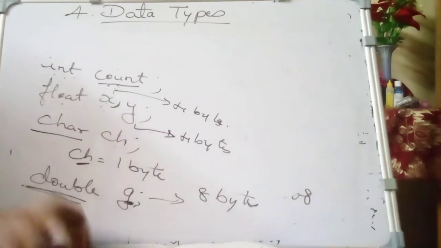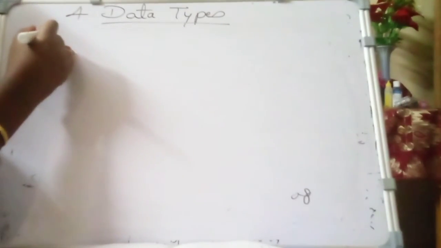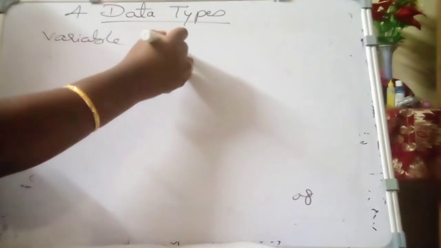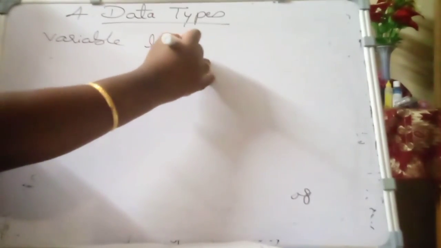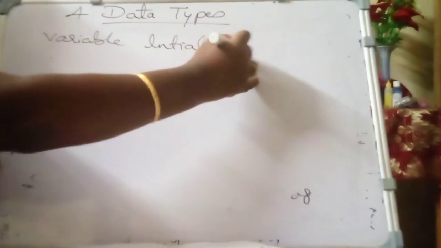How do we assign a value to a variable now? Assigning a value to a variable is called variable initialization and assignment.